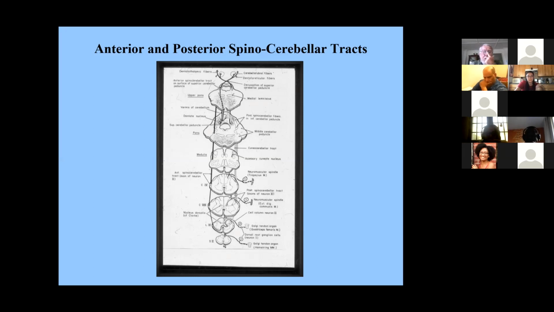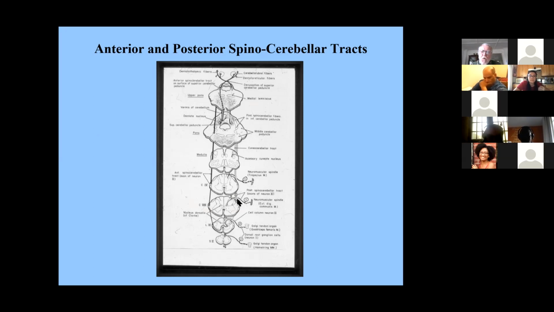So the posterior spinocerebellar tract is going to originate from fibers in the nucleus of Clark. And what these fibers do is they go out ipsilaterally onto the dorsolateral surface of the spinal cord from where they originated.